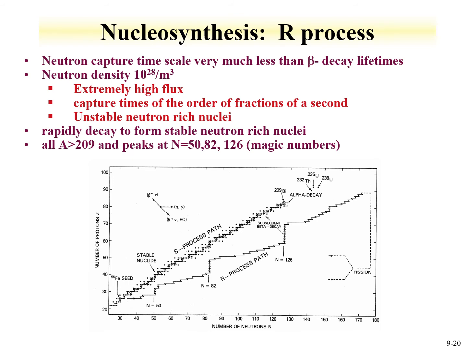So imagine that you're sitting out here at bismuth-209, and you have a capture of neutrons all the way out to maybe bismuth-238, and then you get conversion of those excess neutrons to protons through beta decay, and you wind up at uranium-238.